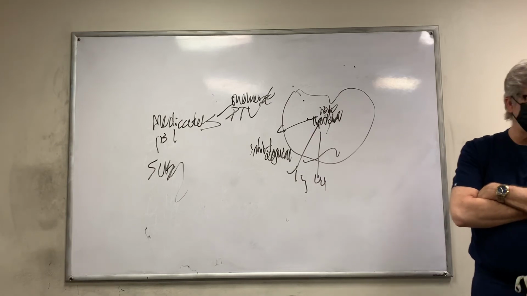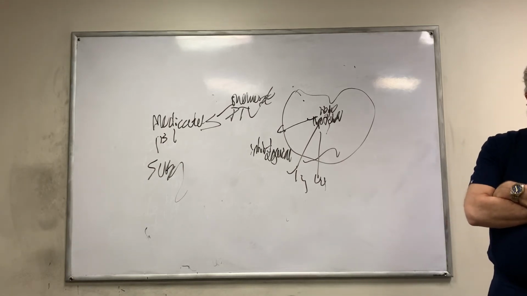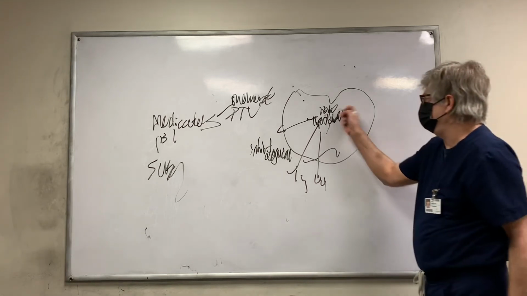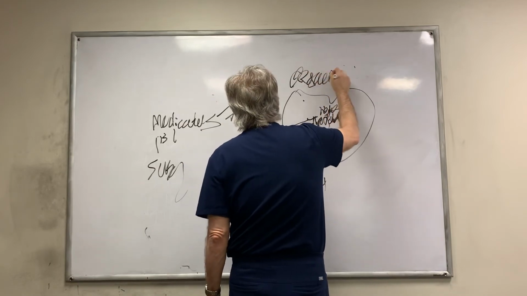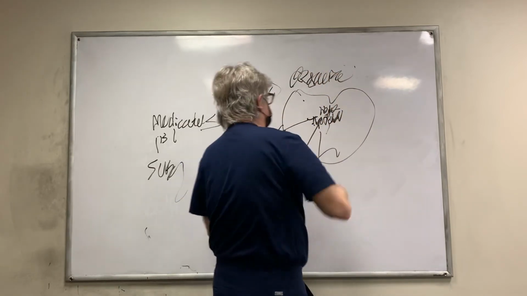Now, they may also work on decreasing T4 to T3 conversion, and they may have other mechanisms, some anti-inflammatory activity, but the major work is they inhibit organification. The one that's used the most is methimazole.